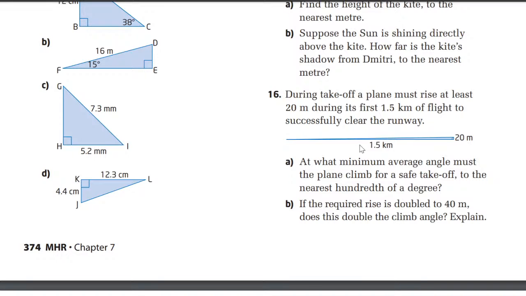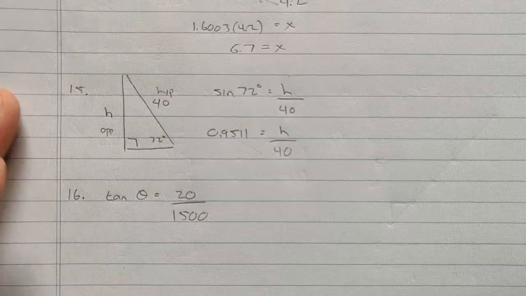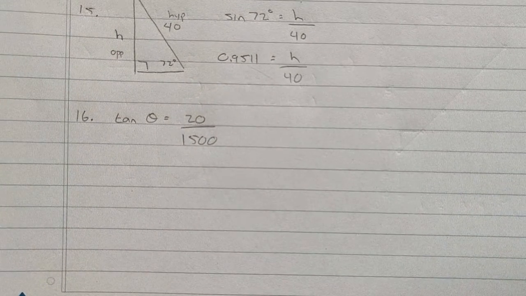And so you'd actually have, in this case, tan theta is equal to the 20 over 1,500. So that's the actual ratio that you would have there.